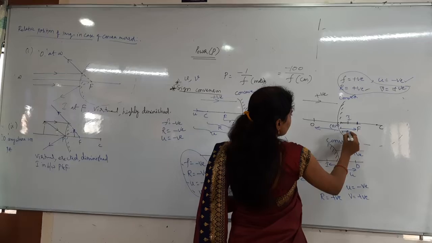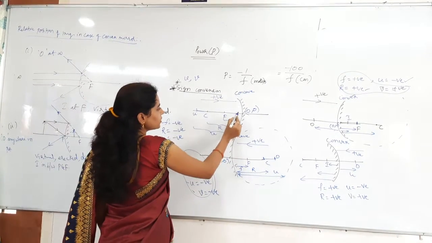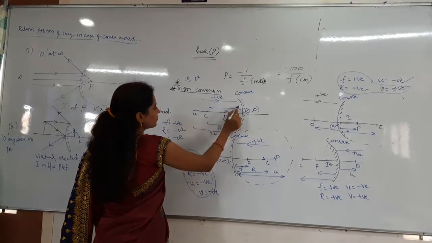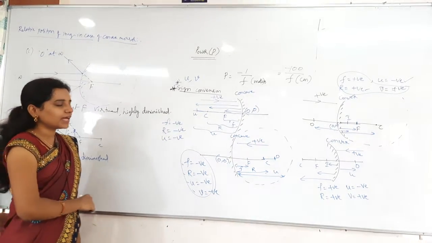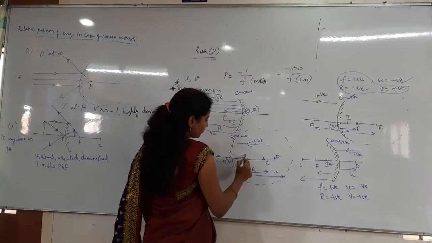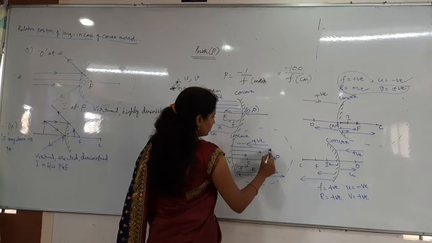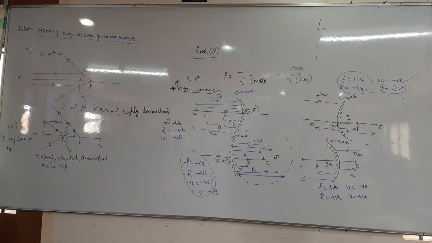The next point: while measuring the distance from the pole, if we are traveling in the direction of the incident ray, the sign of the distance is positive. If not, it is negative.